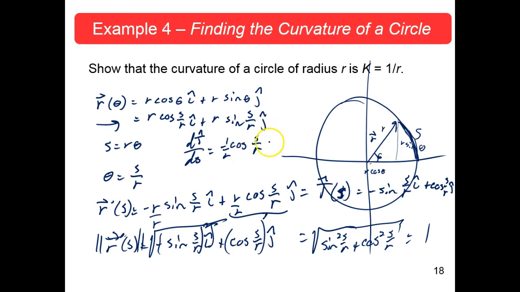With respect to s, that's what we mean by ds. So it would be minus this, and the chain rule part would be 1 over r, right?